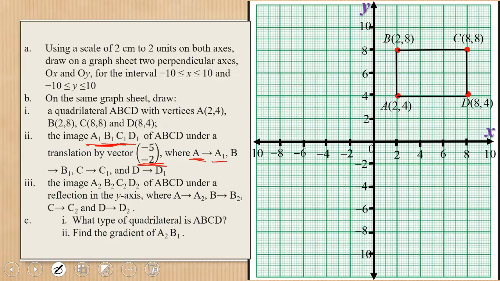If I pick A, I will move on the x-axis -5, and then on the y-axis I move -2. And you can see that right from A, because our scale is 2 centimeters to 2 units, for every movement of 1, I can move 1 here, then 2 here, 3 here, 4 here, and then 5 here on the x-axis.